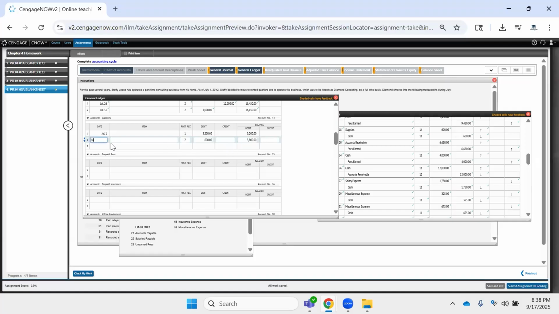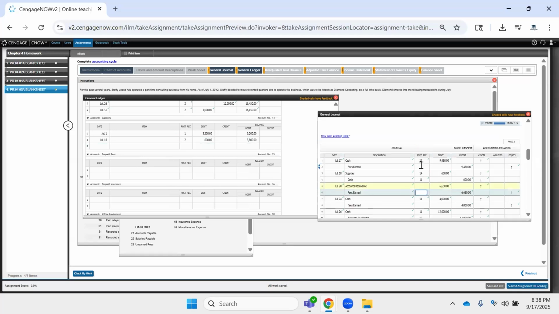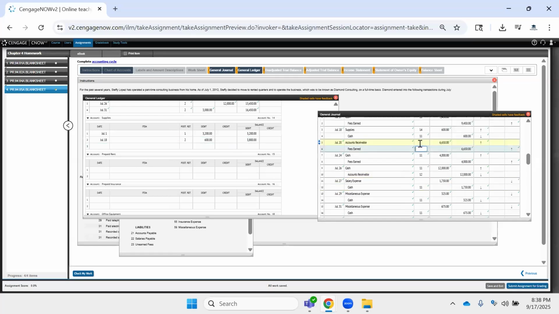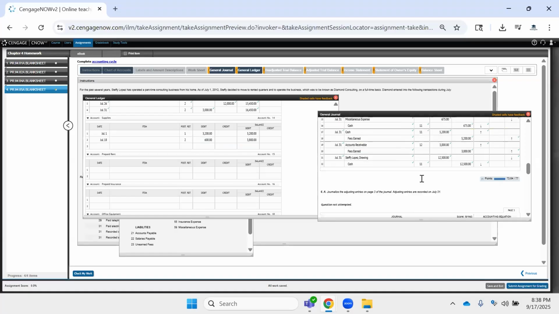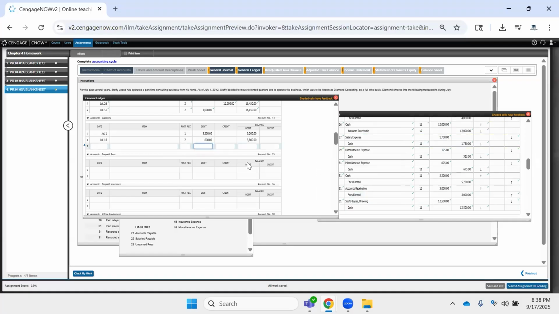It's on page 2 of the journal, and it was July 18th. And let's see if there's any other amounts in here for supplies. There are no other supplies entry this period, so we don't need to make another entry to the general journal here.